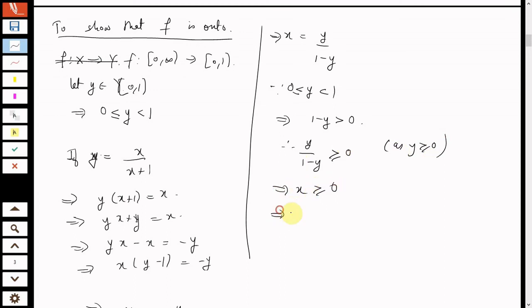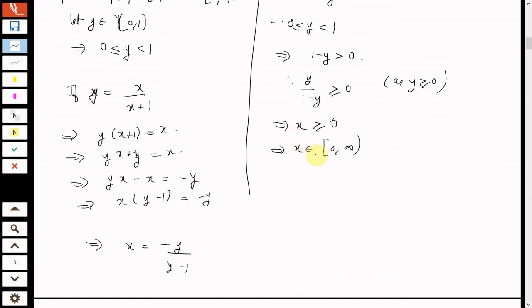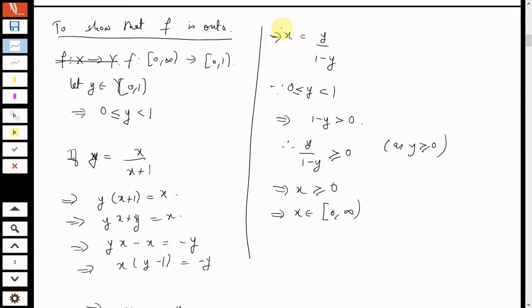This implies that x belongs to 0 comma infinity. So in fact what we have done is that we have produced x in the domain such that f of x, that is x by x plus 1, is equal to y, and in that process we have also found the inverse of the function.